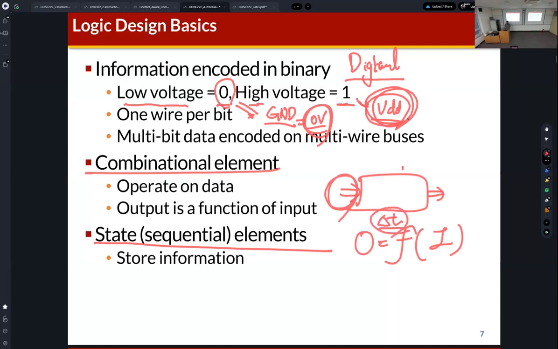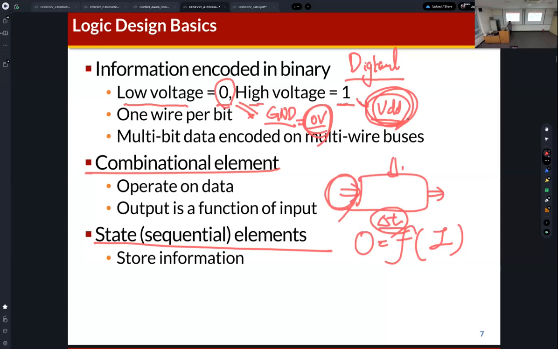The circuit works in the real world, so we can observe delay. Hardware works in the real world.